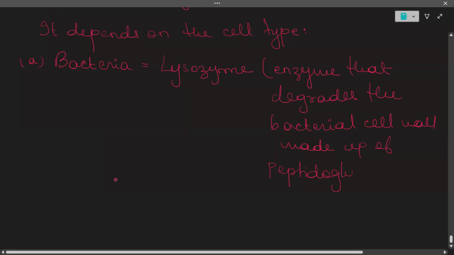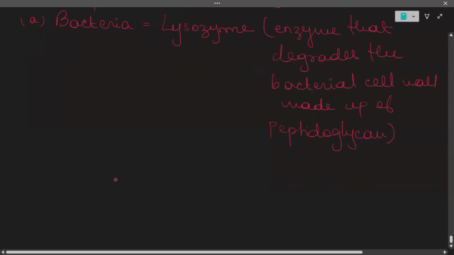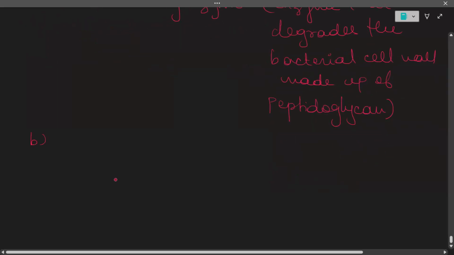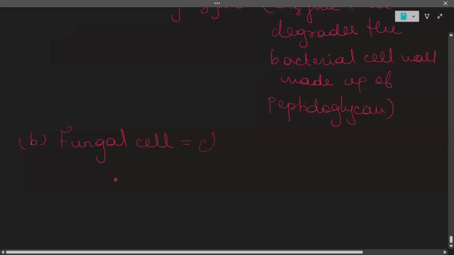Any doubts? If you have removed the cell wall, what will you have? If you remove the cell wall of the bacteria, what are you left with? Okay, what is the cell wall of the fungus made up of? Chitin. So you use chitinase to degrade that.